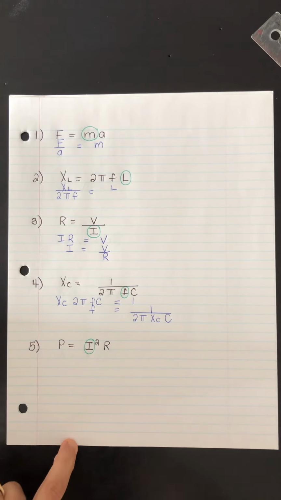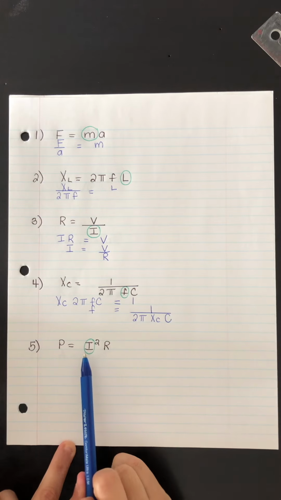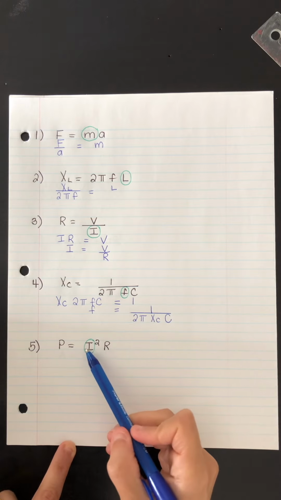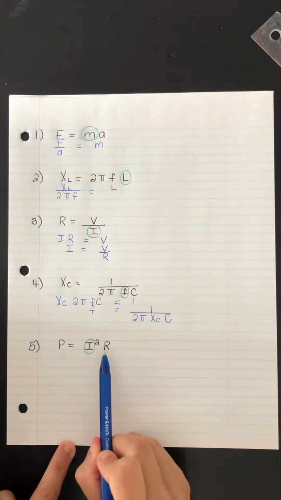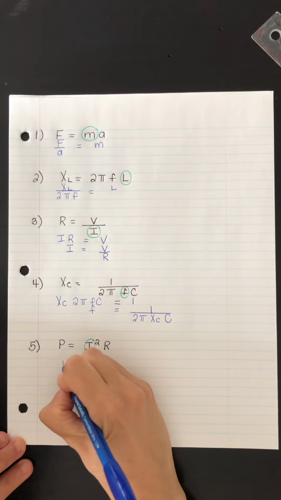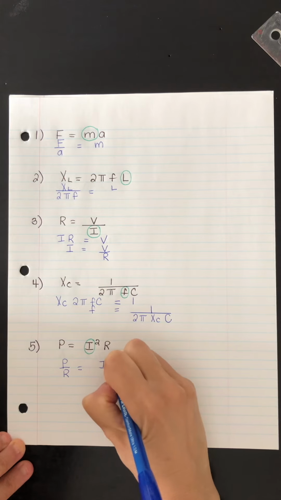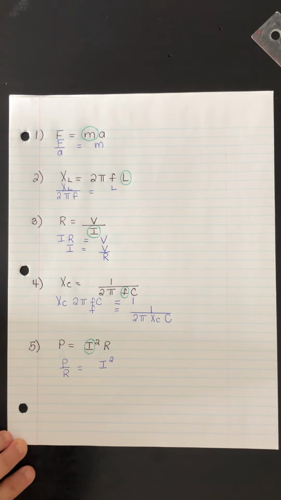Okay, number 5, we now have a square in the formula. We're trying to solve for current. Now, the first thing you do is isolate I squared. Okay, so what does that mean? That means dividing both sides by R. Now we have I squared, the unit containing I isolated.